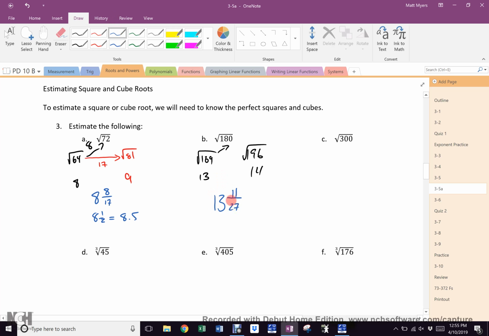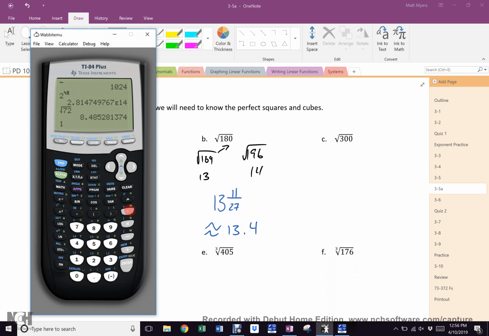What is that awfully close to? 1/3. Is it a little bit bigger or is it a little bit smaller than 1/3? Little bigger. So what's our decimal guess? 13.4. Let's check.